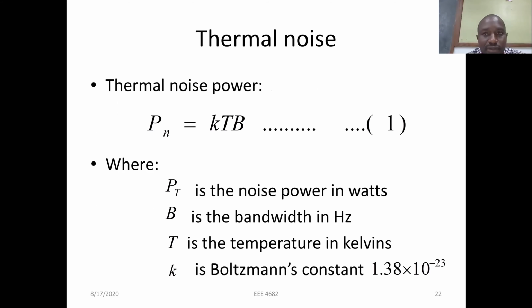So thermal noise power can be calculated as P_n = kTB, where k is Boltzmann's constant, T is temperature in Kelvin, and B is bandwidth. And the Pn there is basically the noise power.